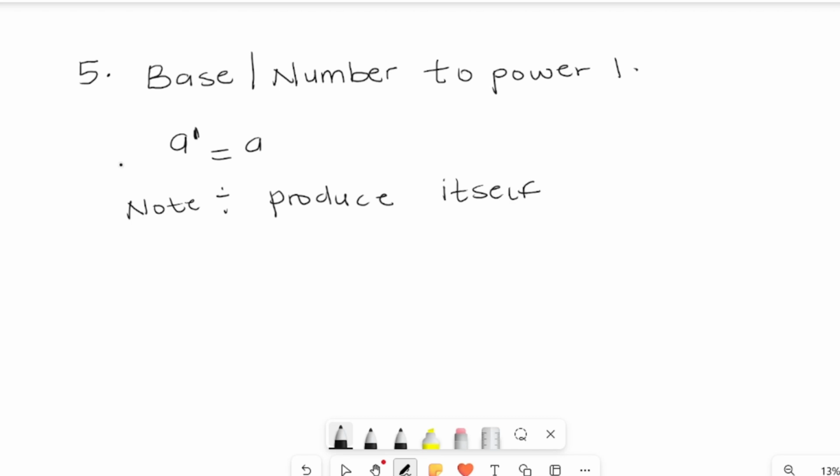Please note this down. So if we have 10 raised to power 1, we'll still have 10. If we have 50 raised to power 1, we'll have 50 as our answer. And if we have 100 raised to power 1, we'll still have 100. Very simple, right? So we'll move to the next one.